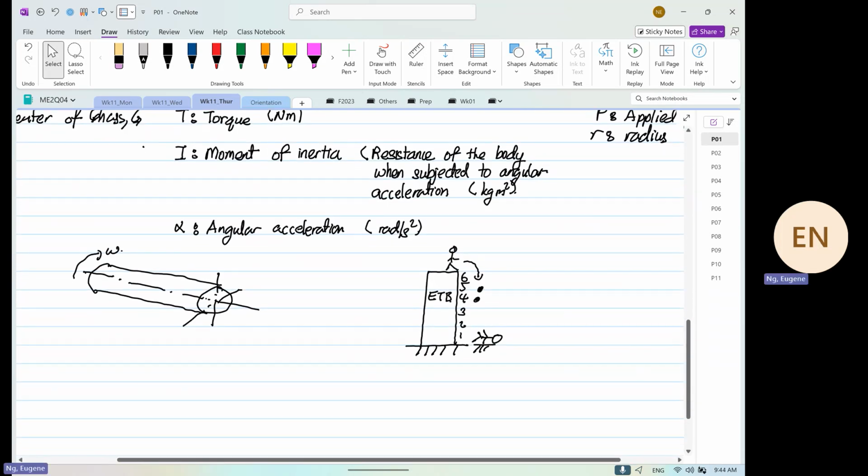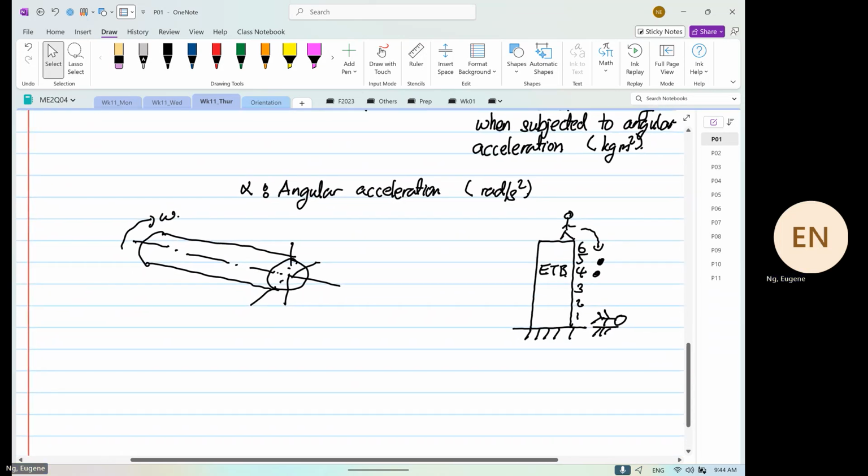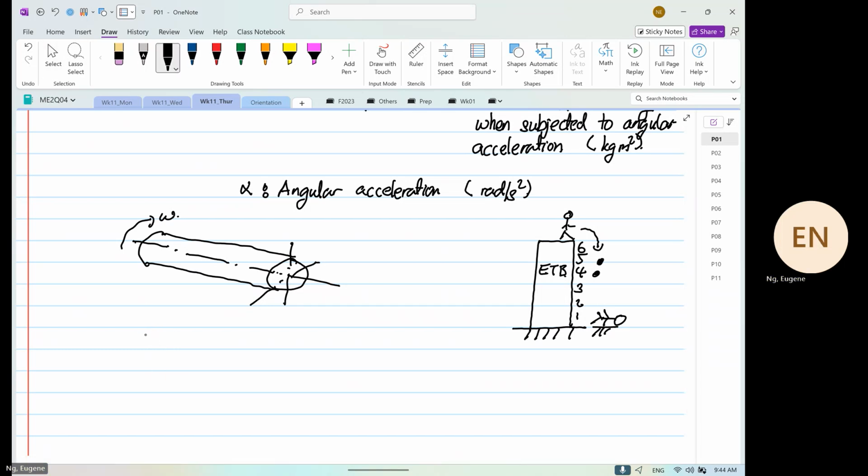So we know that the torque will be acting on the shaft during acceleration.